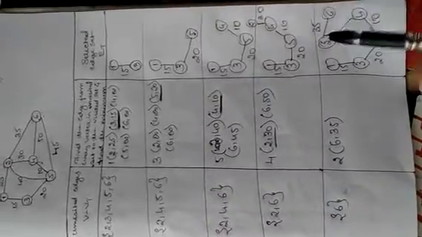Okay, see here, all the vertices are visited: 1, 2, 3, 4, 5 and 6. Now you have to find out the total cost.